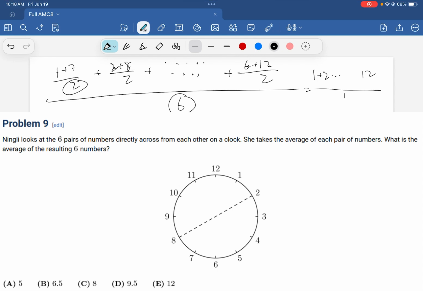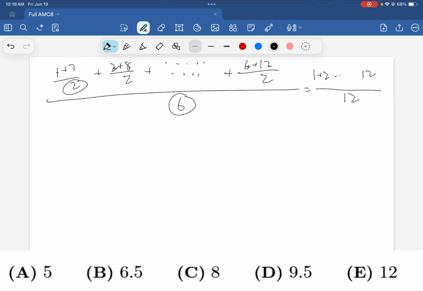So the total is going to be divided by 12. And we know the sum of an arithmetic sequence is the middle, in this case 6.5, times the number of numbers, 12. If you divide by 12, these cancel out. So the answer is 6.5. B.